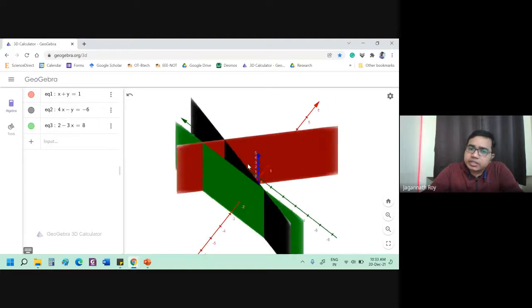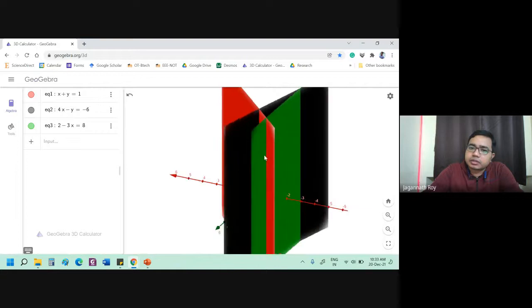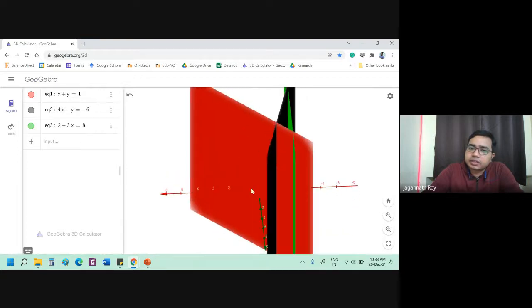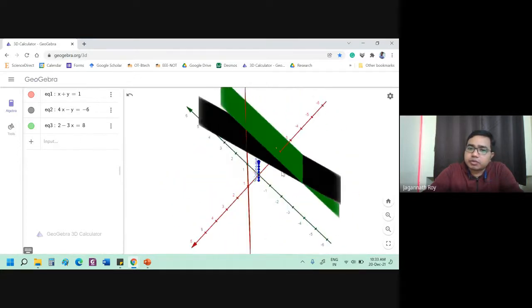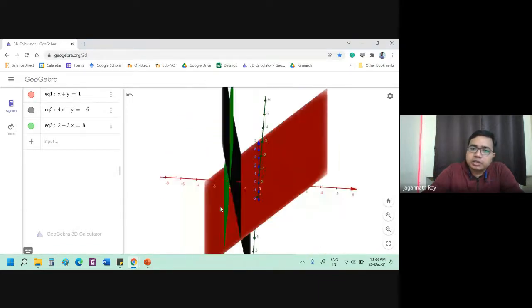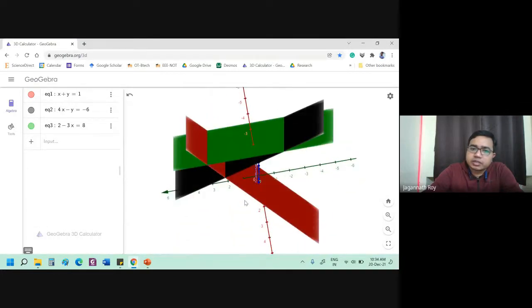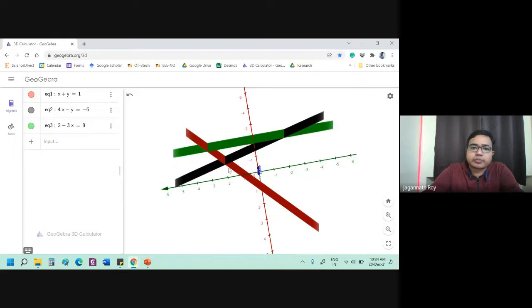So the system is inconsistent. Okay. You can see it here. Either you see it from below or from some other view angle. So you can see here that only two equations, two planes at a time, are intersecting.